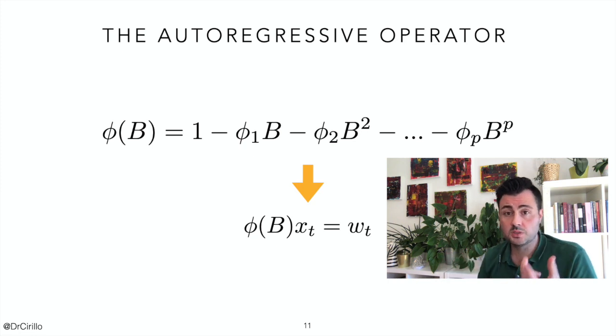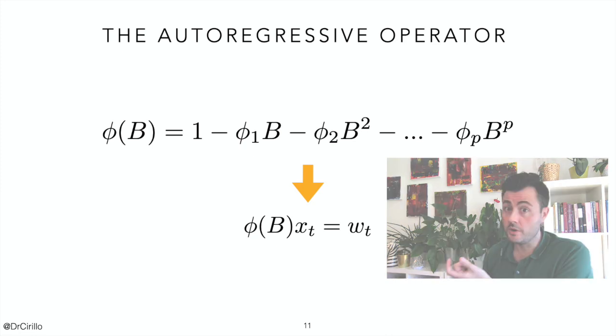And if we use this, an autoregressive process of order p can be easily expressed as you see on your screen. So it is nothing more than phi of B applied to xt, and this part is equal to wt, a white noise.